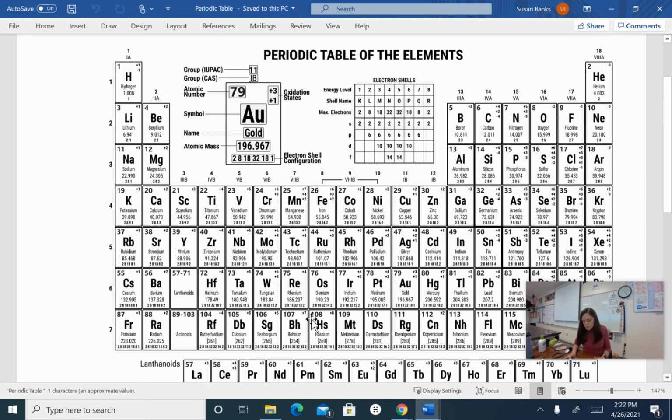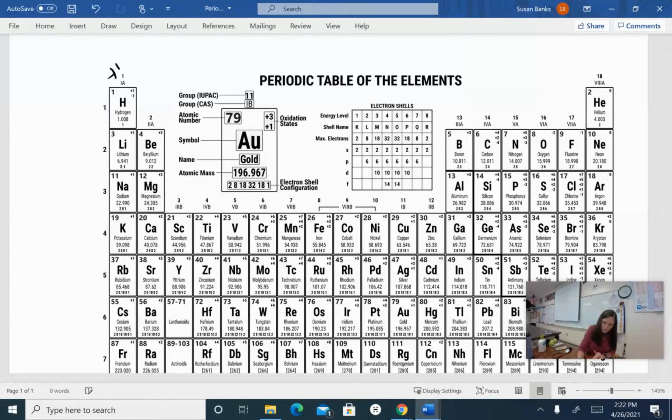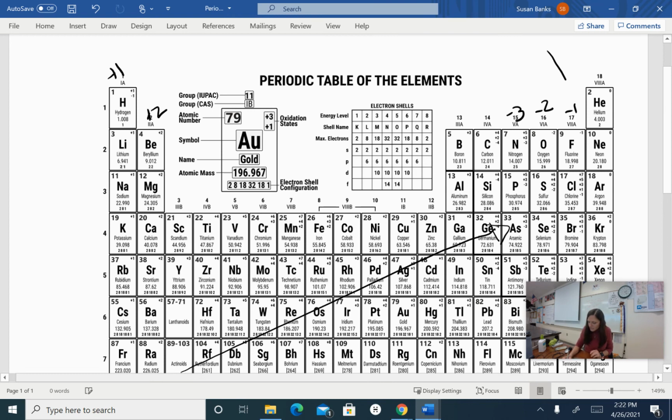Okay, if you remember, this column was +1, +2, -1, -2, -3. Now we're going to focus on the most electronegative. Remember, electronegativity was maximized in this upper right-hand corner.